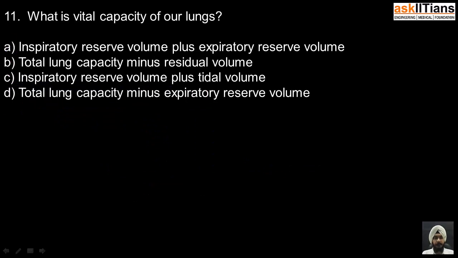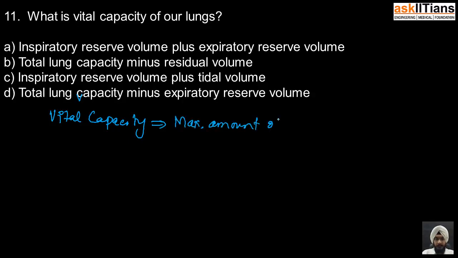Okay, so let's go to the next question, which says: what is the vital capacity of our lungs? Before going on to the options, let me give you a brief definition of vital capacity. Vital capacity is basically the maximum amount of air inspired after forceful expiration.